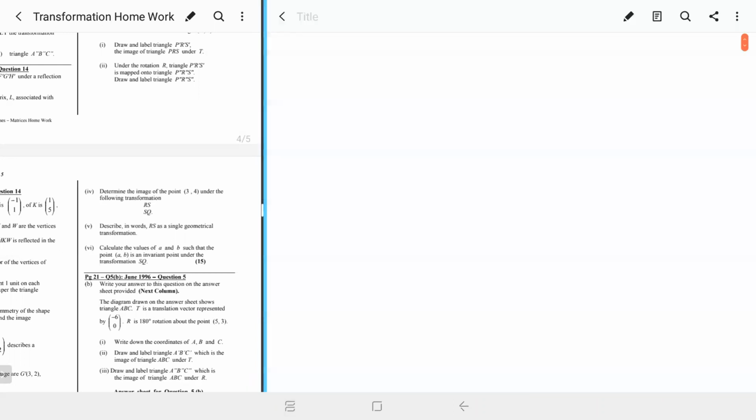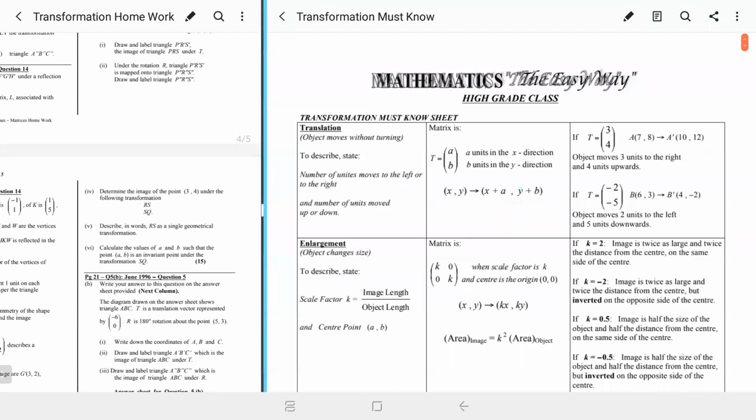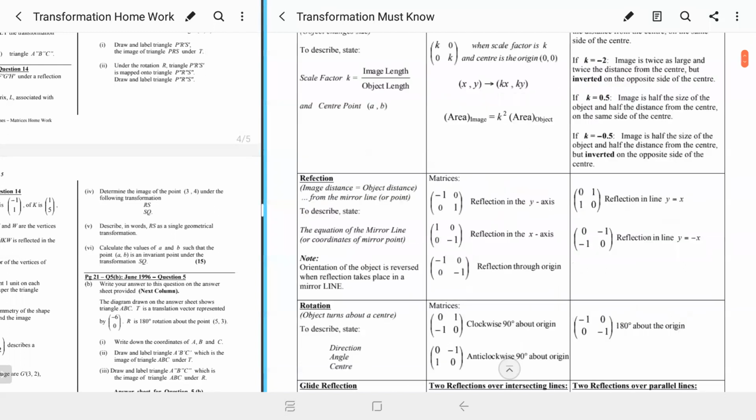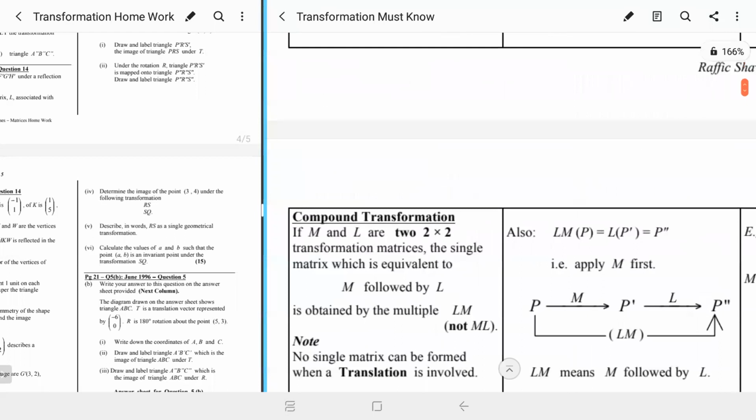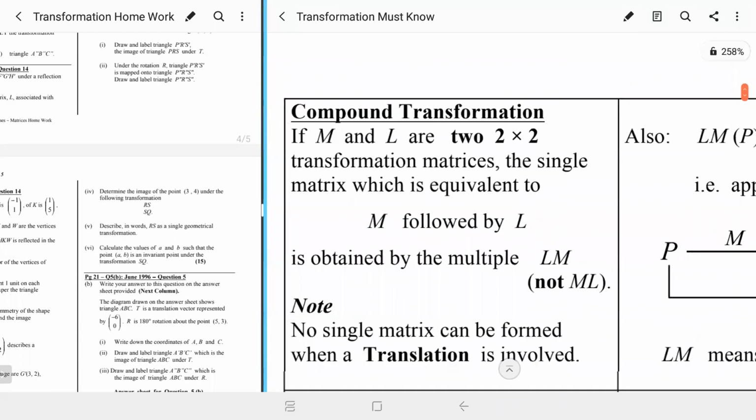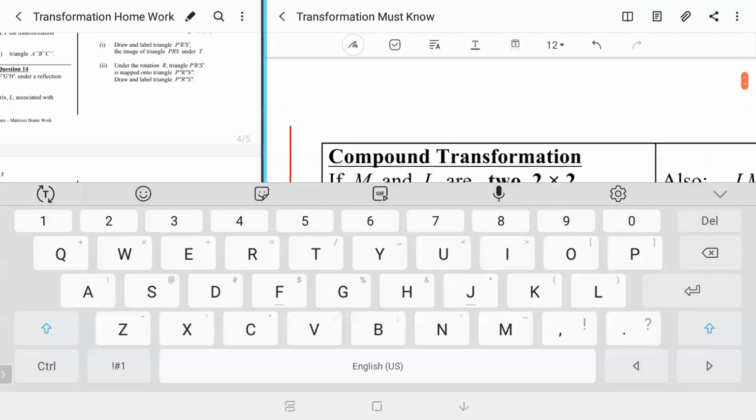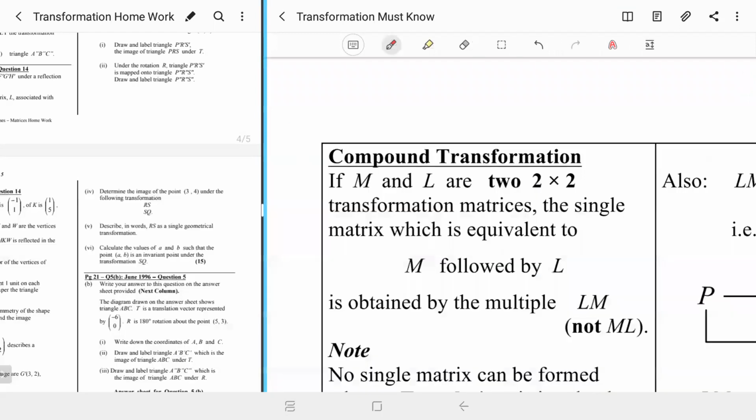Everything important, guys. See there, the compound transformation down there. See there in bold letters: you must have two 2x2 transformations to be able to multiply them and form a single matrix. You can't do it when a translation is involved.